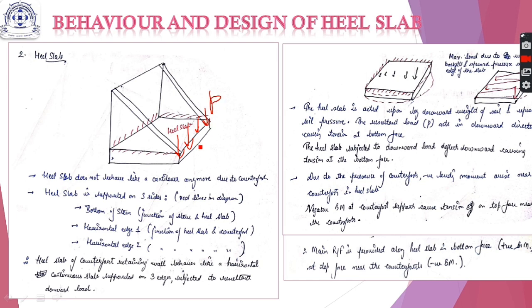Now what will happen due to this P? As we learnt in the previous slides, if we consider it as a continuous slab, due to this particular load the tension will be on the outer face in the midspan. Now you have to ignore all these loads, as this is a trapezoidal load.